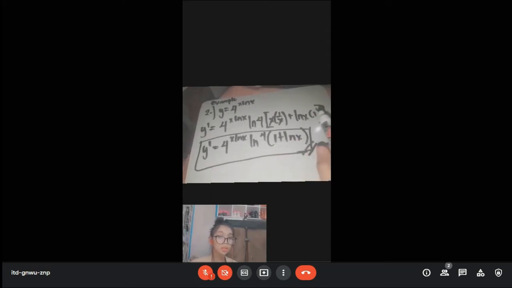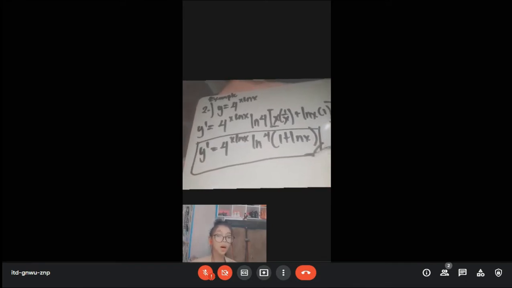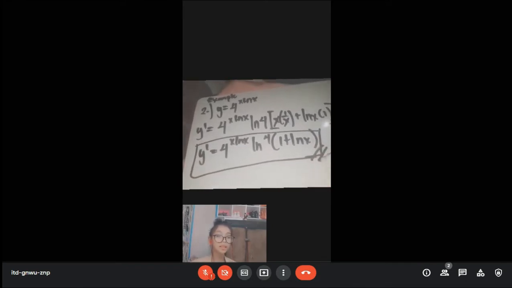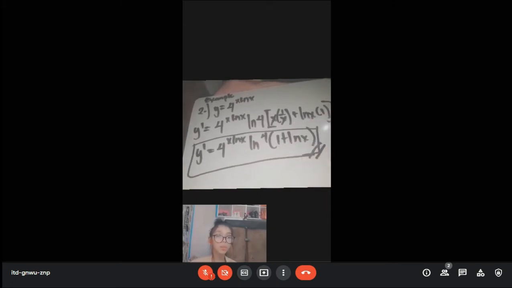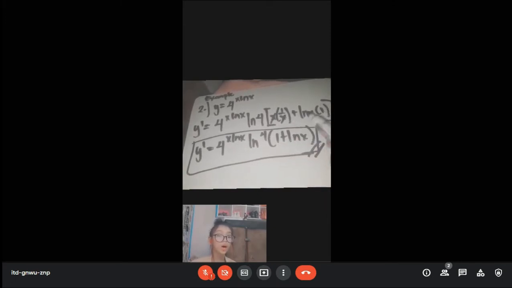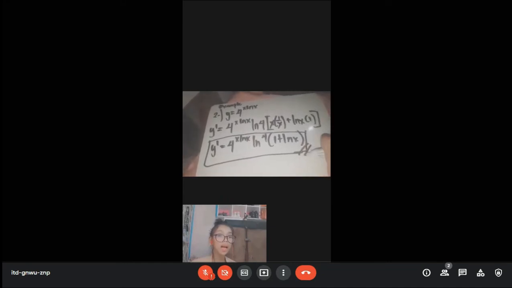So, simplify, y prime is equals to cancel the x and x because x over x is equals to 1. So, ang matitira ay 1 plus ln x. Therefore, ang answer is y prime is equals to 4 raised to x ln x multiply by ln 4 multiply by 1 plus ln x.